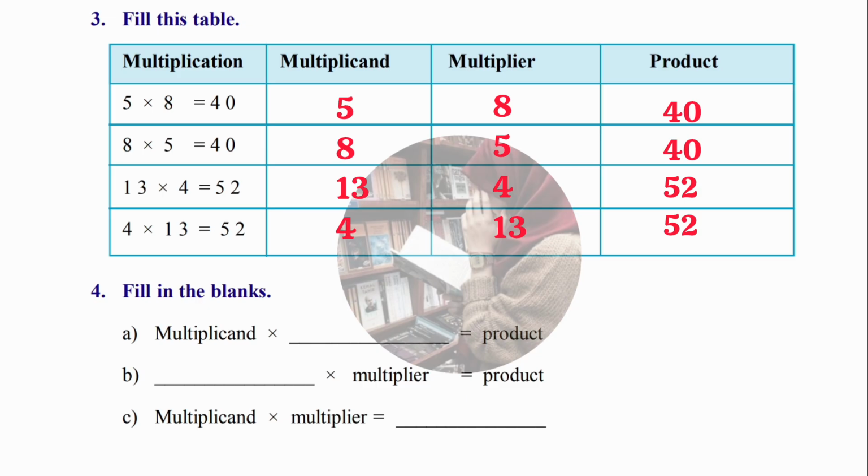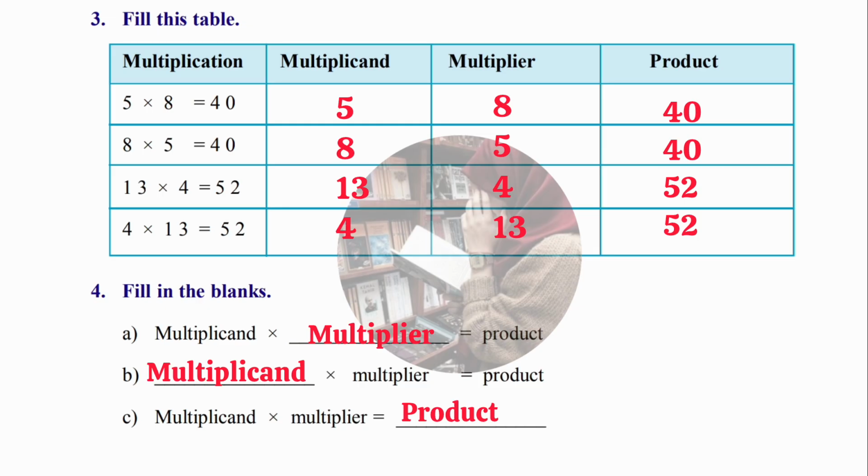Let's see fourth Roman, which is again fill in the blanks. First one is multiplicand into dash is equal to product. Of course we know, I just told you before, multiplicand multiplied by multiplier is called product.